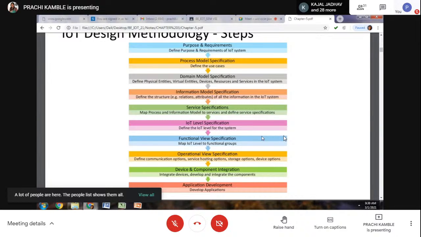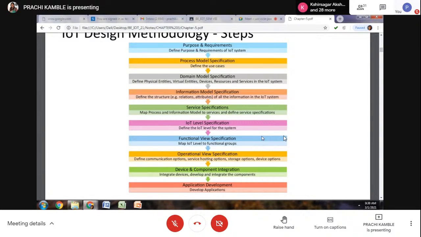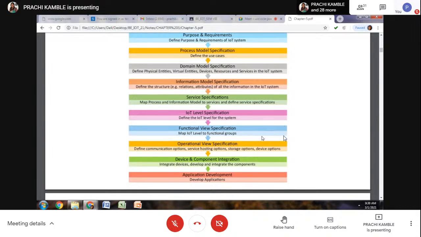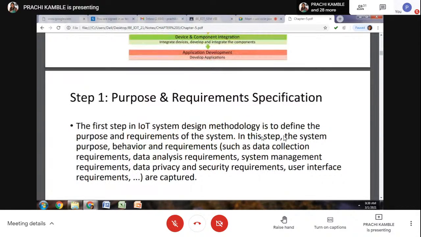So it defines various communication options, then storage options, device options, and so on. The second last step is device and component integration. It integrates devices, and develops and integrates the components. And the last is application development, to develop the application. So now we are going to study all the steps in detail.